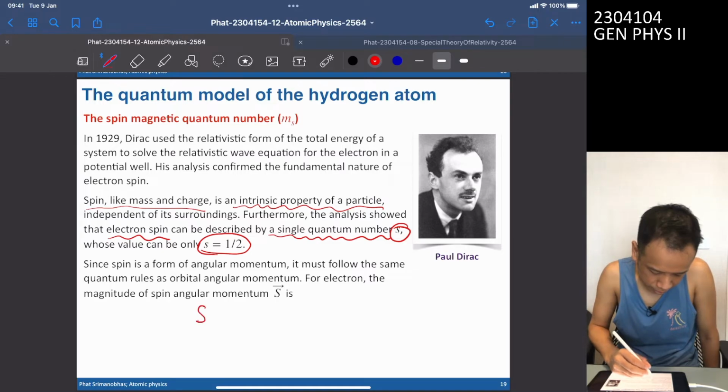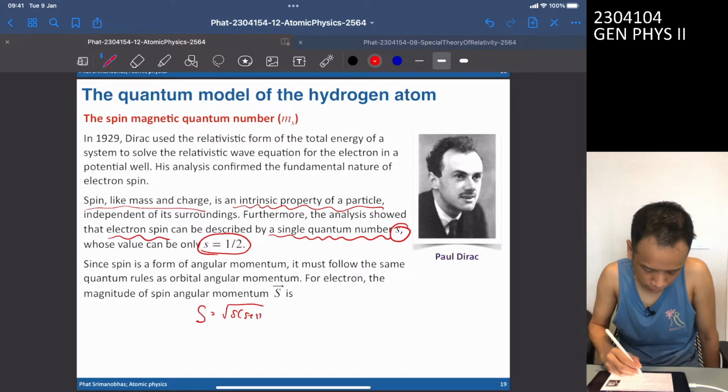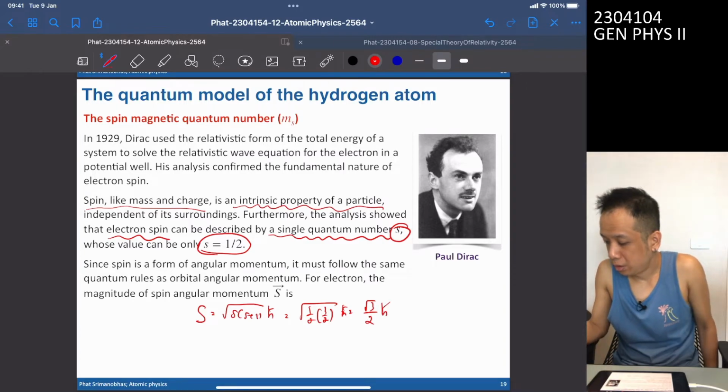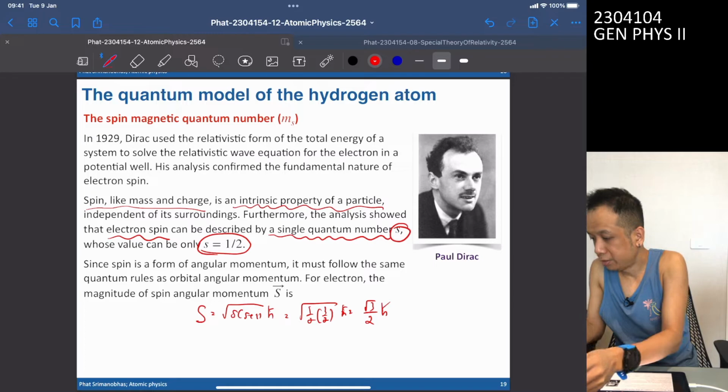So the spin size is the square root of s(s+1) h bar. So it's the square root of 3/4 h bar, right? So it's square root 3/2 h bar.